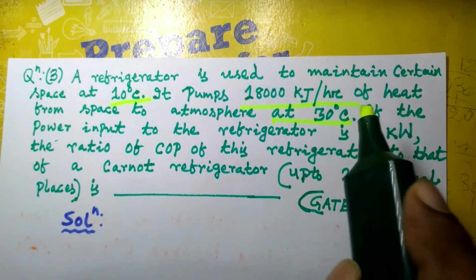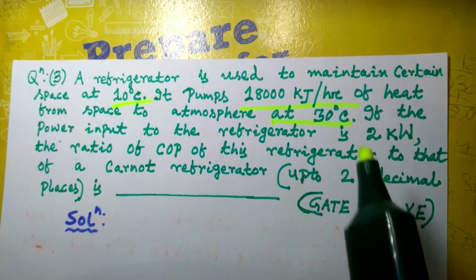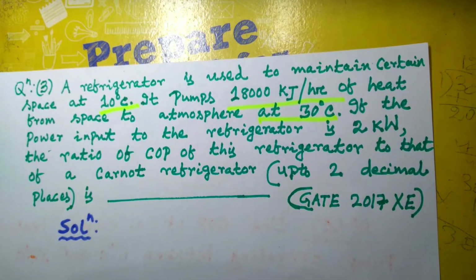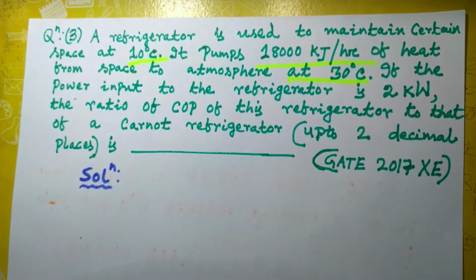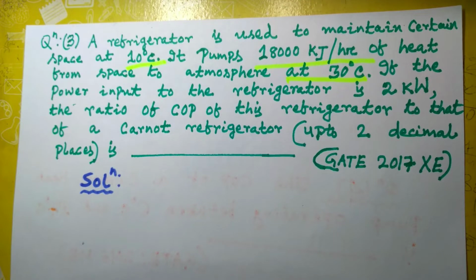So the main function of a refrigerator is to maintain the temperature of a space at a level lower than the temperature of atmosphere. So atmospheric temperature in this case is 30 degrees Celsius, but the temperature of the space is to be maintained at 10 degrees Celsius, obviously less than surrounding.